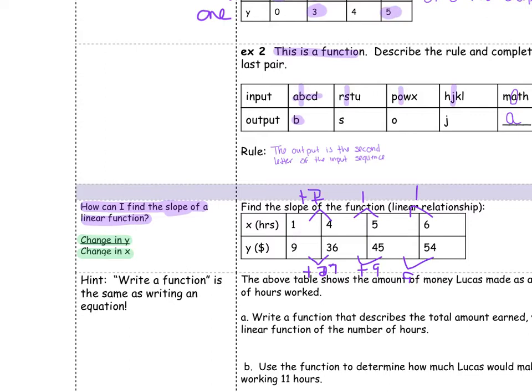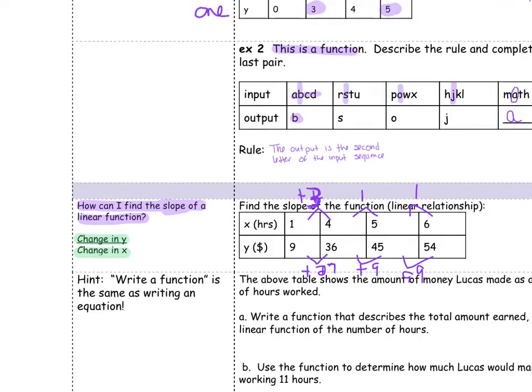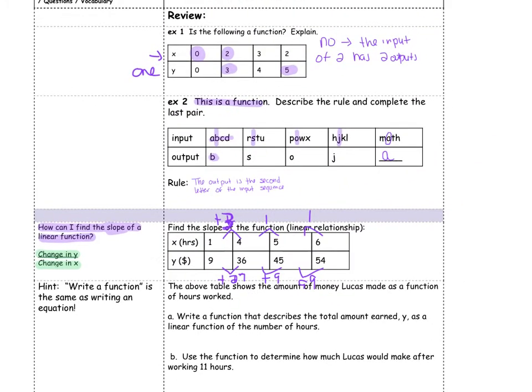I went up 27 for 3, and then I went up 9 for 1 and 9 for 1. So in all cases, 27 over 3, 9 over 1, it all equals 9 over 1. So my slope is 9.